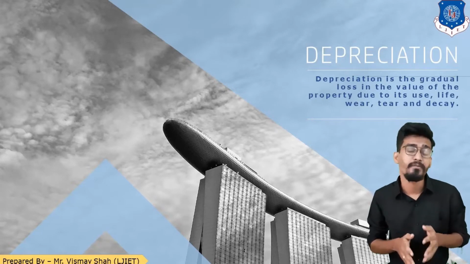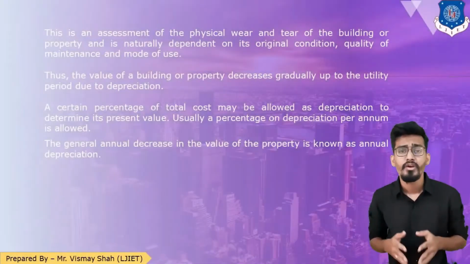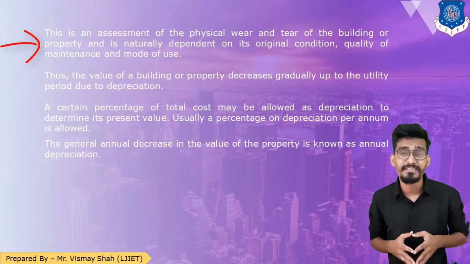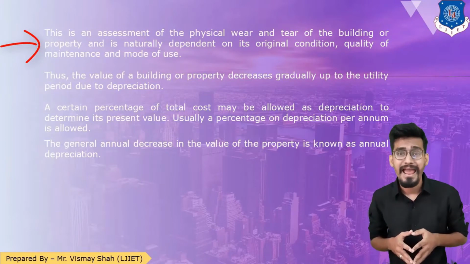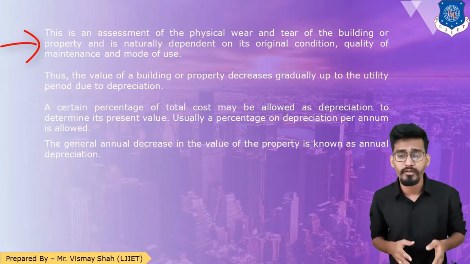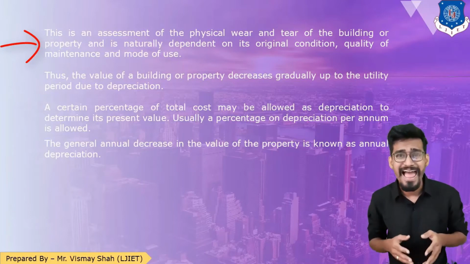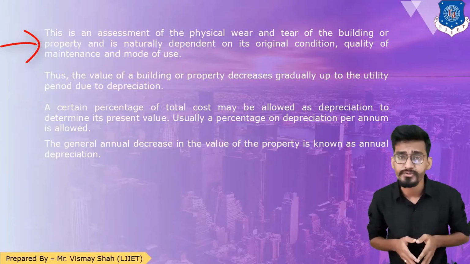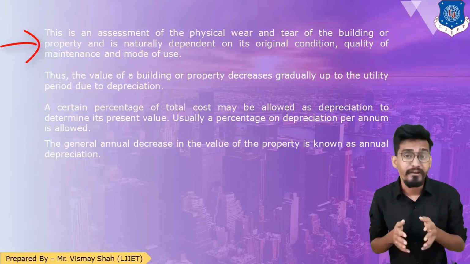Let us see some of the other points in detail. This is the assessment of physical wear and tear of the land or the property, and it generally depends on the original condition, the quality of maintenance, and the mode of its use. Yes, depreciation is nothing but a physical assessment of what?